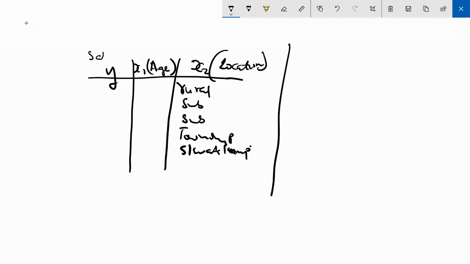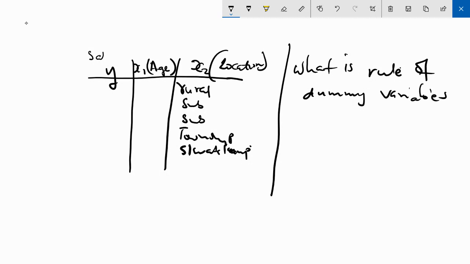What is the first thing that we have to ask ourselves? What is the rule of the dummy variables? That is the first question we have to ask ourselves. You must have a reference variable or category.